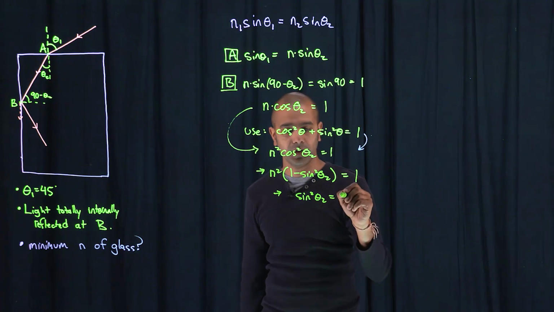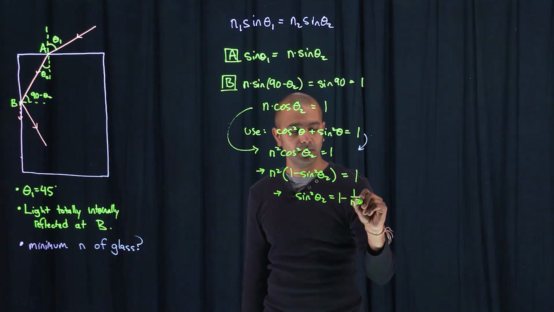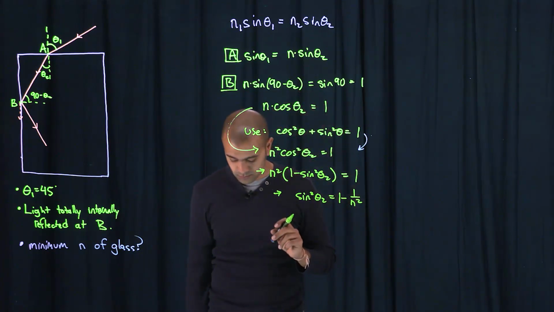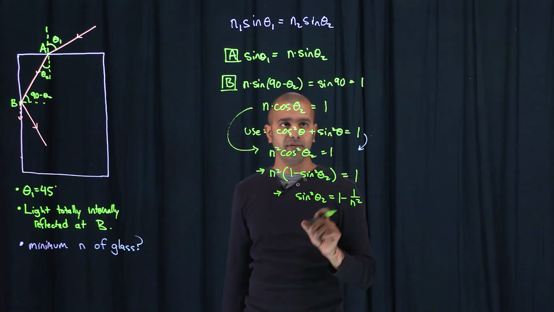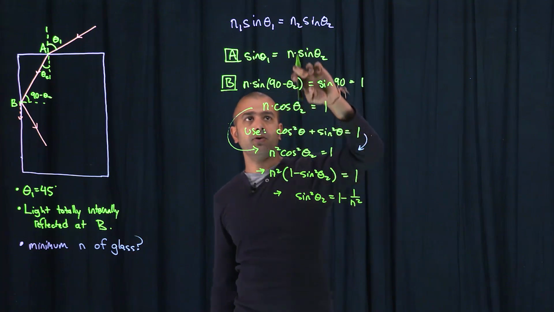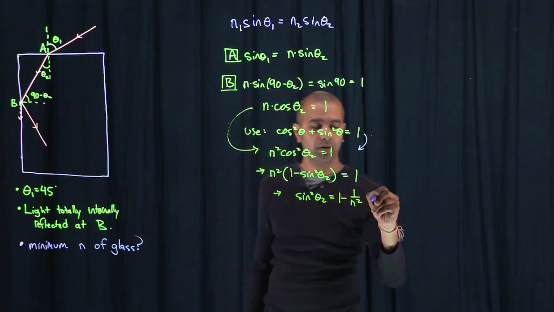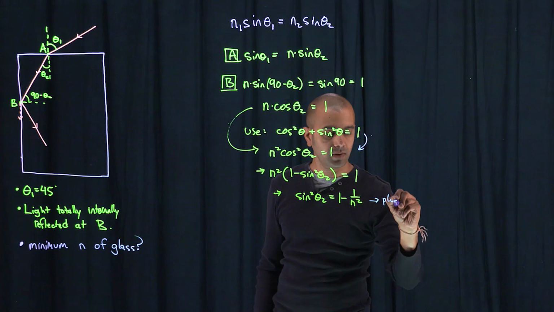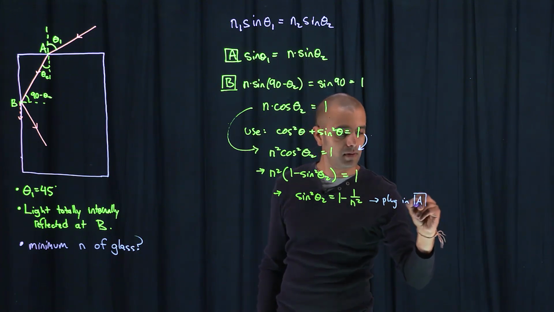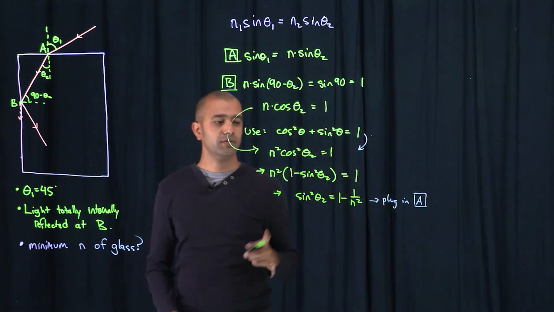Put this over here, and we'll have 1 minus 1 over n squared. Okay. And then finally I can plug that back into equation A.